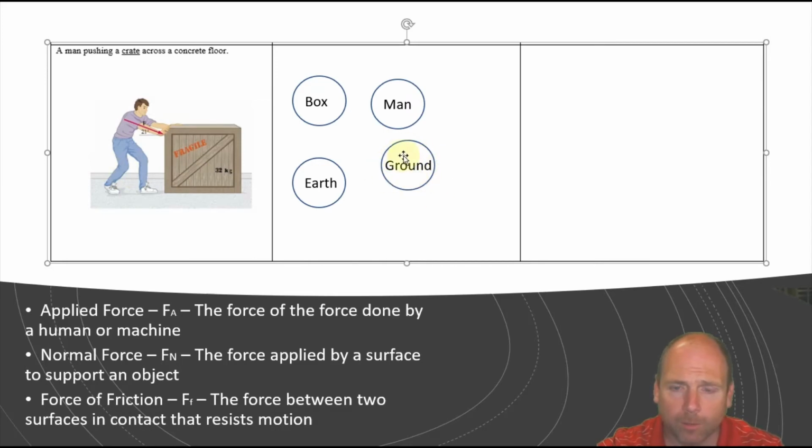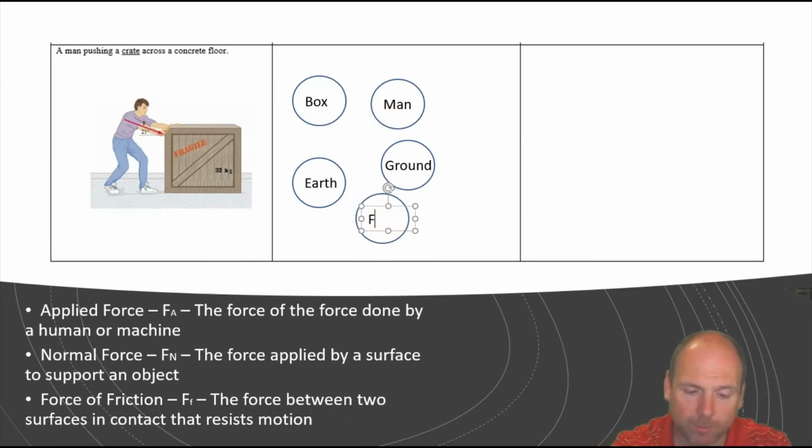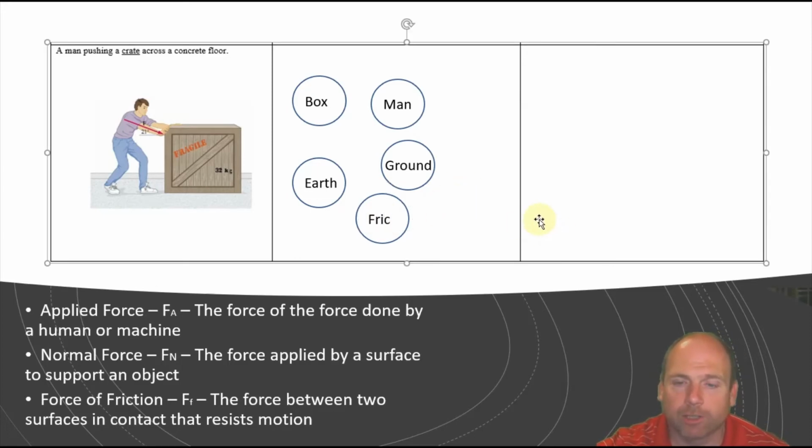We could put a double, or I guess quadruple arrow to ground, but remember, I think it's easiest to treat friction as its own object, even though sometimes another object in the situation will be doing another force. We want to call friction its own thing. So I'm going to add one more circle for friction. Friction is a separate object. Let's abbreviate that friction.